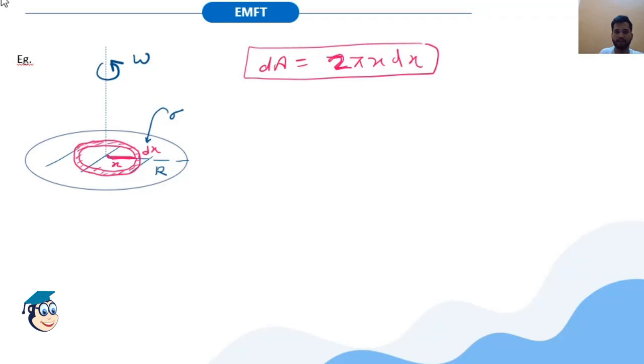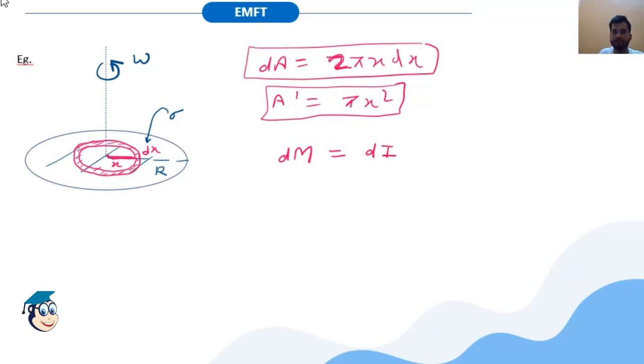That area is A prime, equal to pi x square, the area covered inside the circular loop. And also we know that the small magnetic moment dm is equal to the small current di times the area of that circular loop, which is A prime.